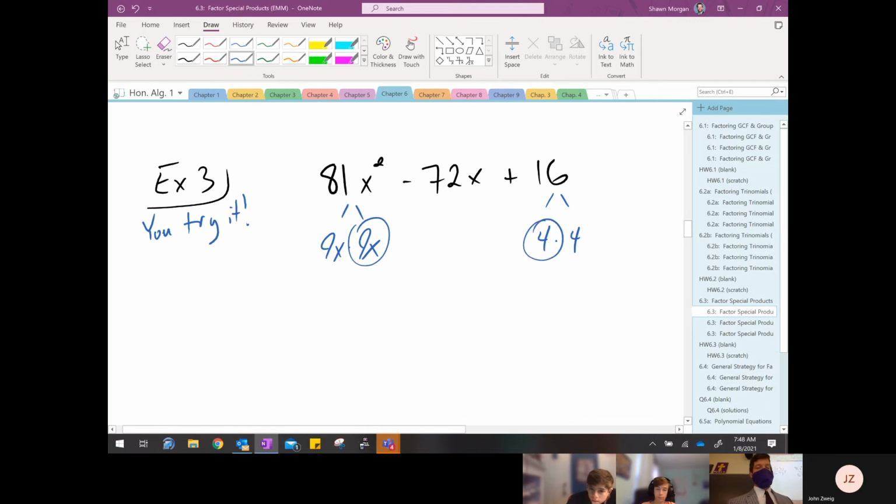And if so, how do you know? I'll help you out. Reed, what's 9x times 4? Speak up. I got goobers out in the hall that are being loud. 36x. Good. Double that and you get what? 72x. Hot dang. That's what we have in the middle, so we're going to use that sign.